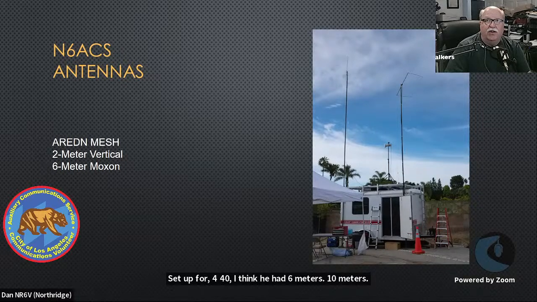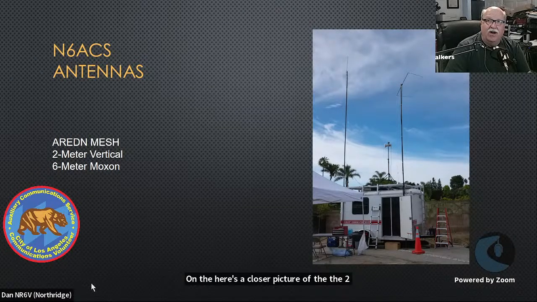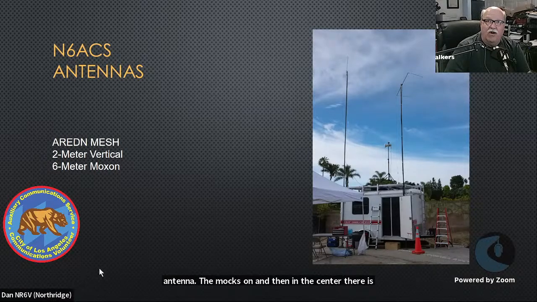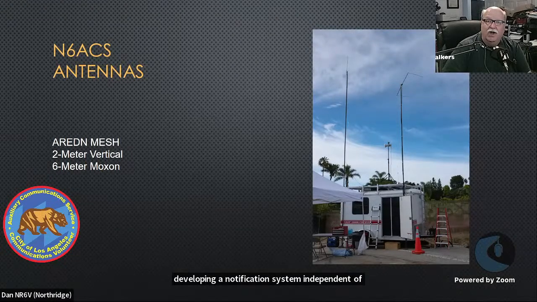Here's a closer picture of the 2-meter antenna, the Moxon, and then in the center there is our Arden mesh, that's part of our grant that we got for developing a notification system independent of everything else, a notification system for Mandeville Canyon, which is a very high fire risk area. It's a 5-mile deep canyon, one way in and out, and very narrow. So we're doing that system, and we were connected into that system.